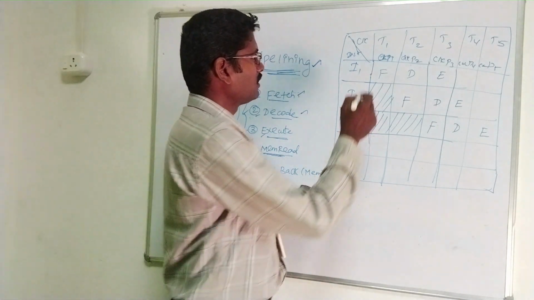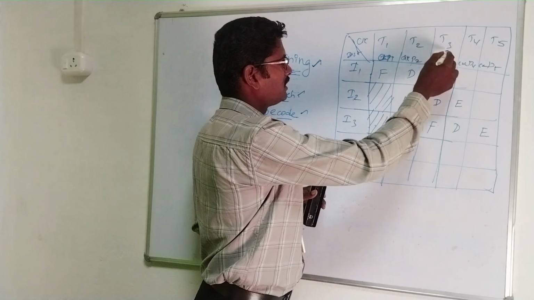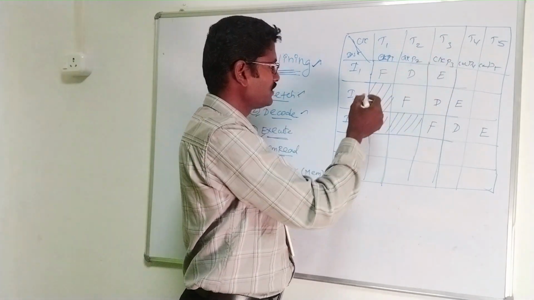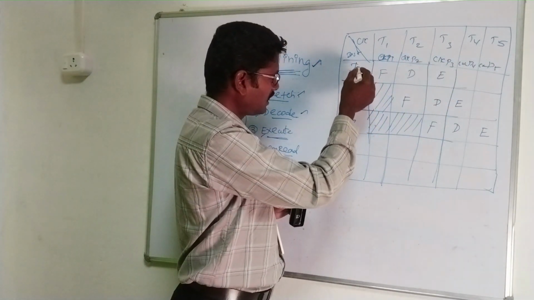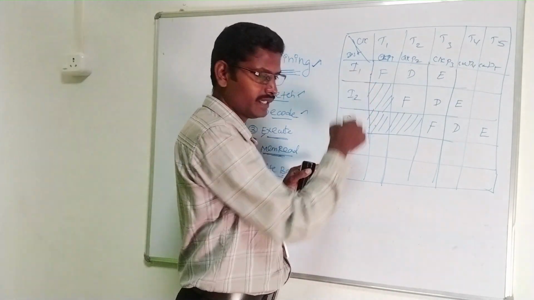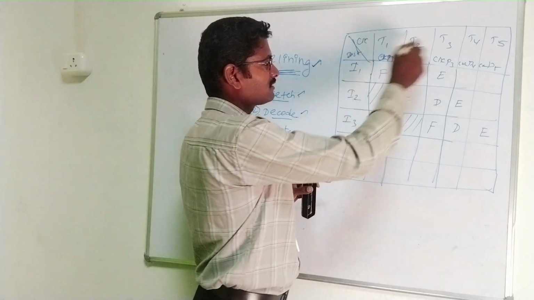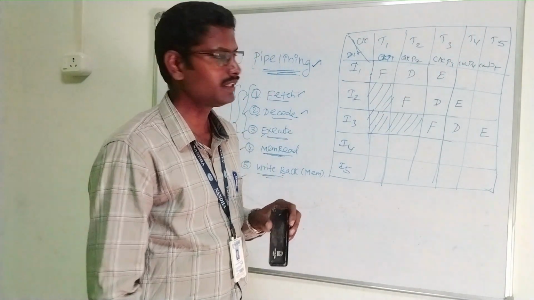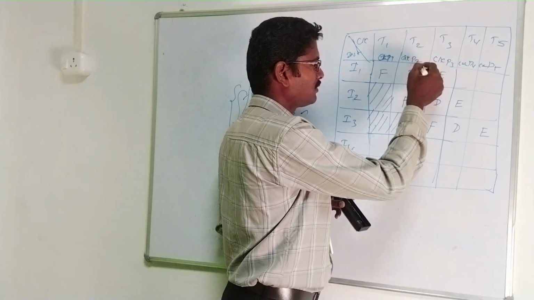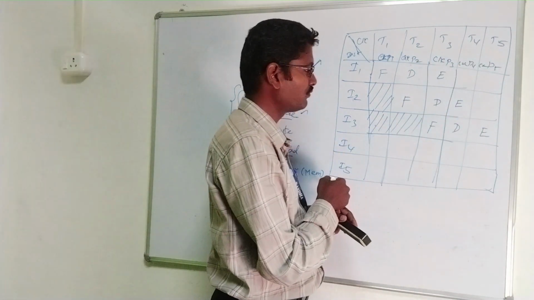Here I have taken T1 to T5 as clock pulses, and instructions I1 to I5. On the y-axis I have taken instructions, and on the x-axis clock pulses. T1 is clock pulse 1, T2 clock pulse 2, then 3, 4 and 5.